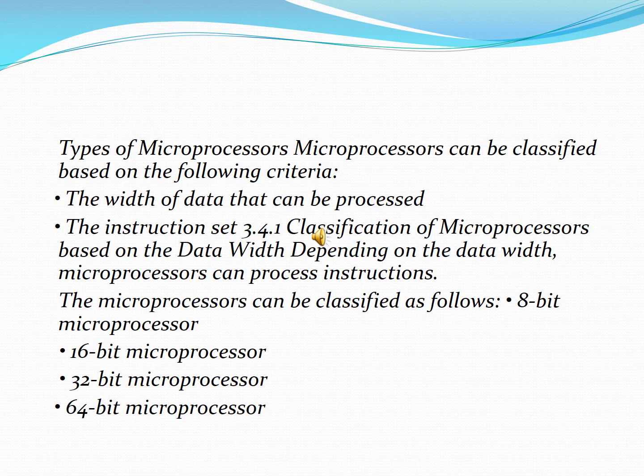The width means how much data is processed at a time. Based on the data width, the microprocessor processes instructions, for example an 8-bit processor processes 8 bits at a time.